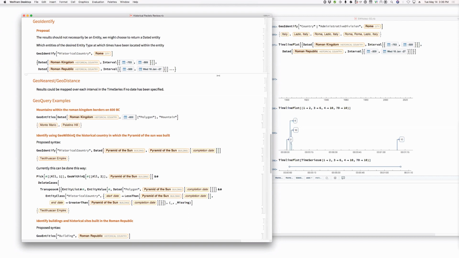What if you return an association? Doesn't seem like a good idea. This seems like a better idea because each element here is semantically meaningful. What would be the left-hand side of that association then? Interval goes to Roman Kingdom. Yeah, well, that's very similar to what you would put inside a time series.